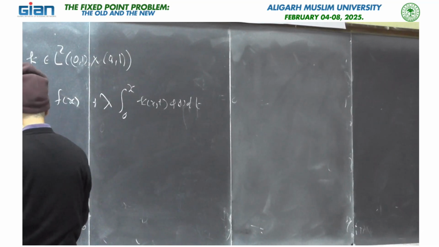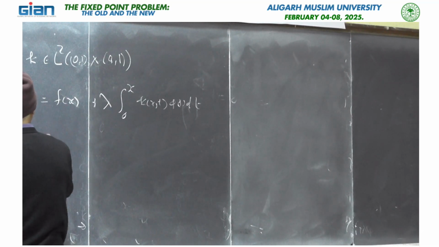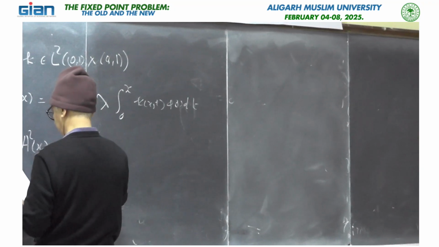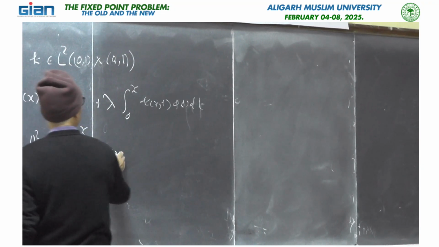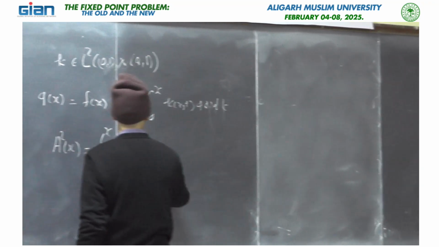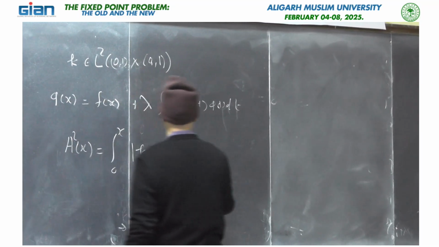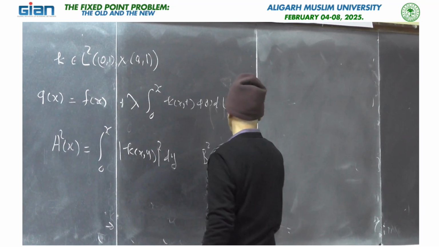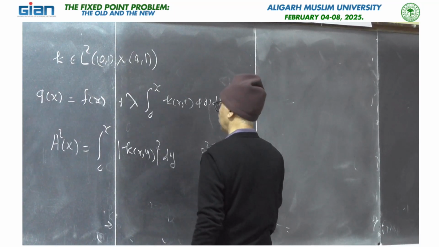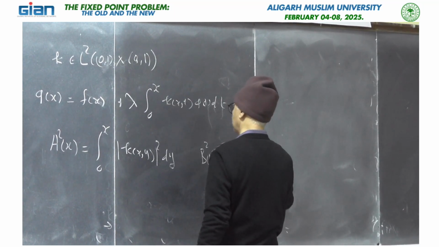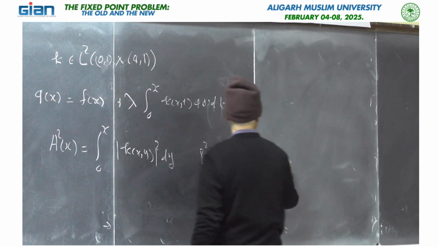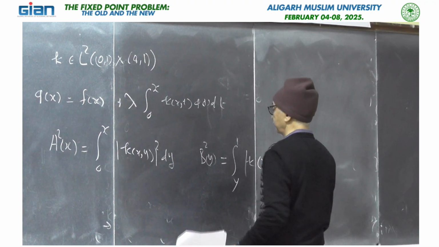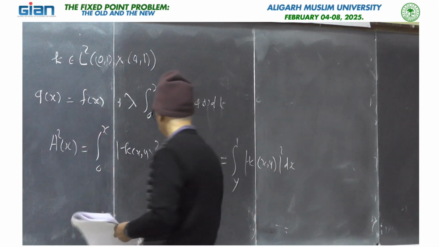So we now define a squared of x as the integral from 0 to x of mod k(x,y) squared dy, and b squared of y as the integral from y to 1 of k(x,y) squared dx.